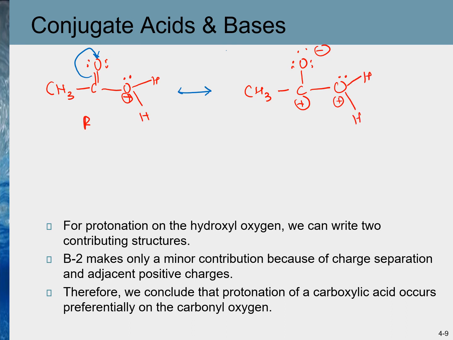Let's call this B1 and this B2. So when the hydroxyl oxygen is acting as a proton acceptor, we can only write two contributing structures. Now in B1, octets are complete. However, in B2, there are many problems. The first problem is that the carbon octet is not complete.